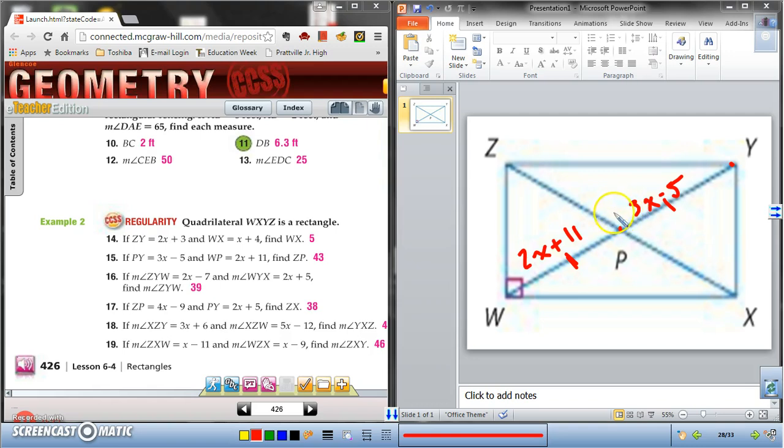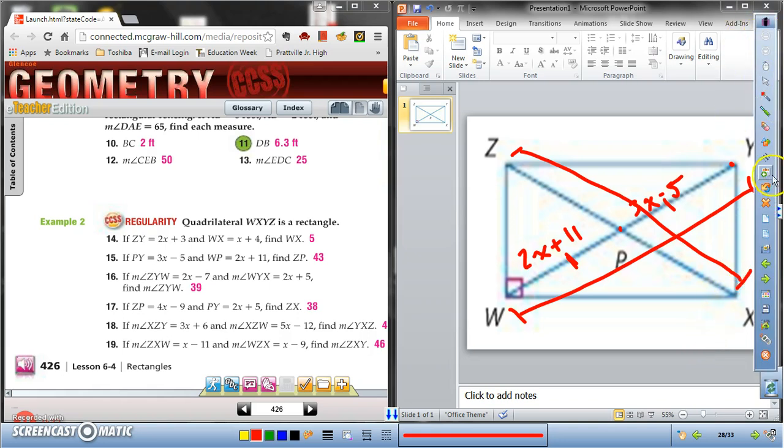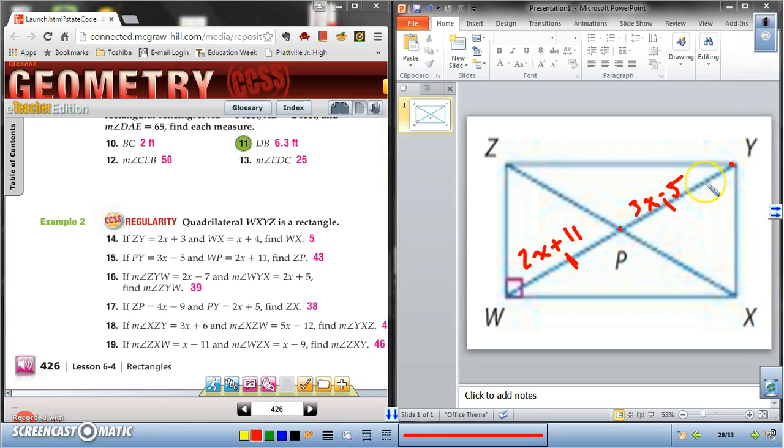Then I also know that this whole piece from W to Y is congruent to this whole piece from Z to X. And so if the two wholes are congruent, then when I bisect those two whole pieces, their resulting pieces would also be congruent.